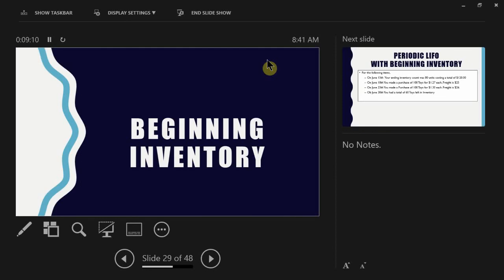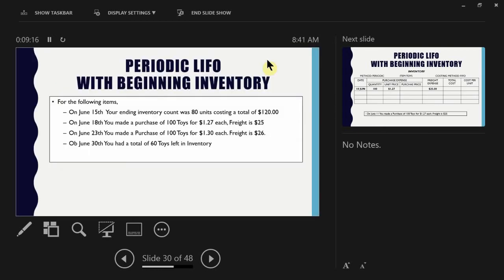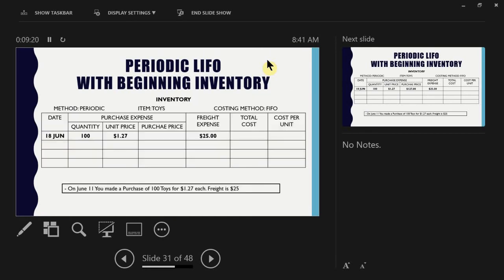So now this time, what happens if I have beginning inventory? Okay. When I have beginning inventory, I'm going to pop it into my inventory worksheet on hand. But in this case, I don't have that slide, so that's our assumption. And then we continue with our purchases just as normal. So here I have June 18.